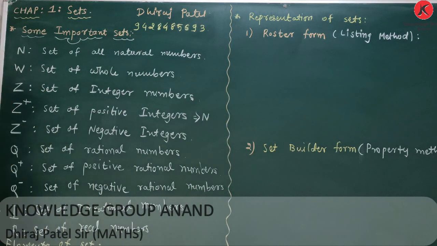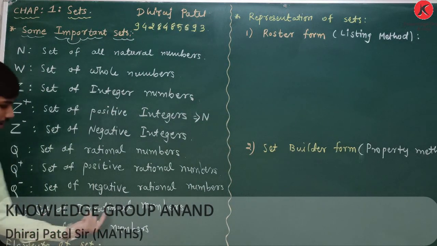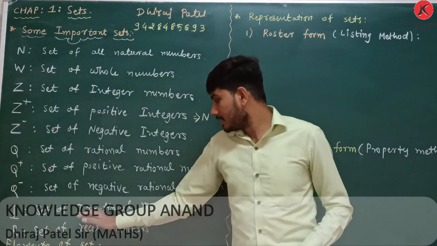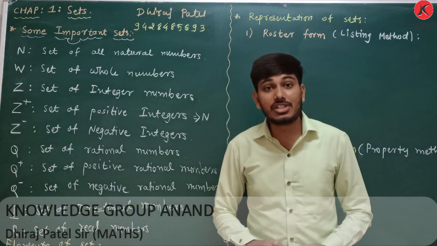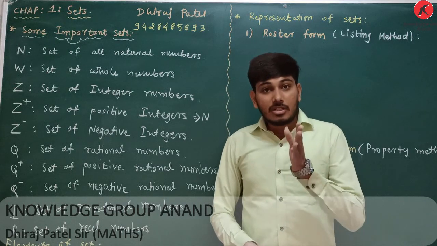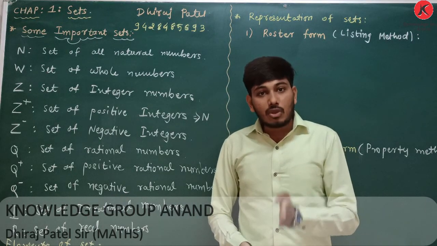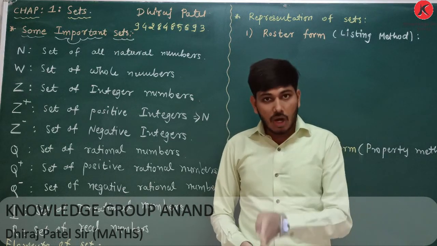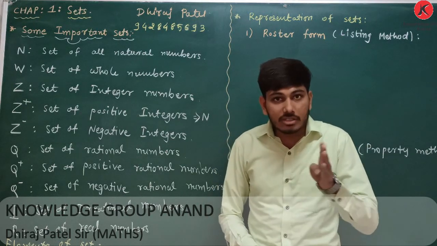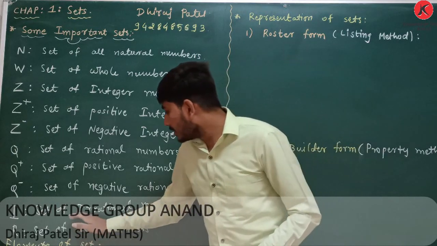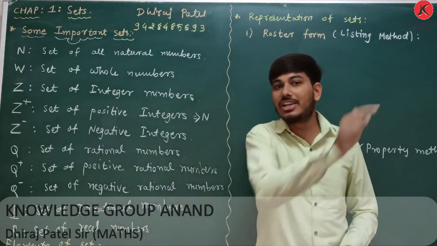Now, going for I. This is important. I is the set of irrational numbers. Non-repeating, non-terminating numbers are called irrational numbers. This is the definition in standard 10.